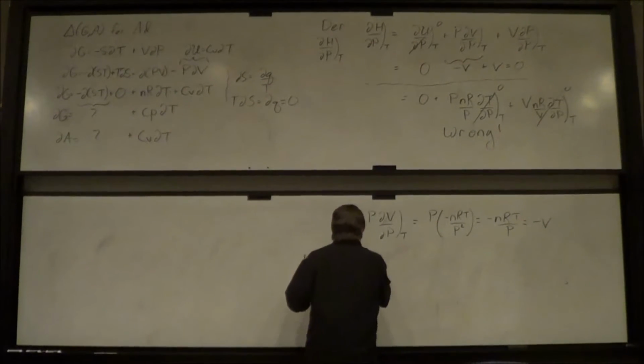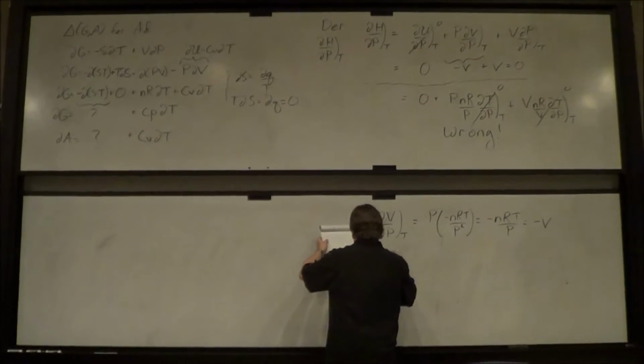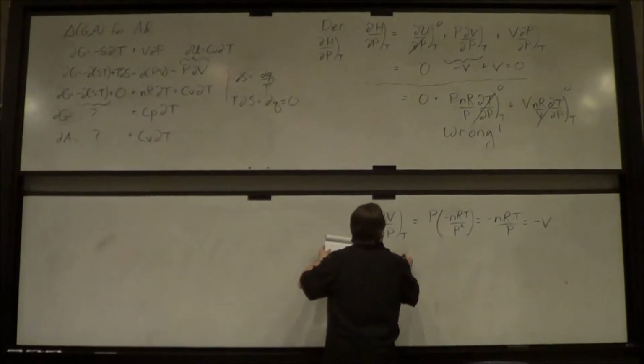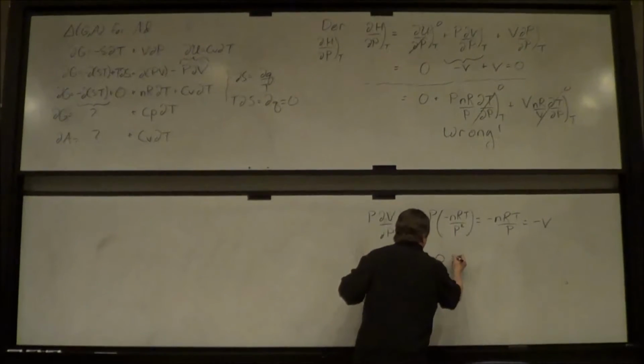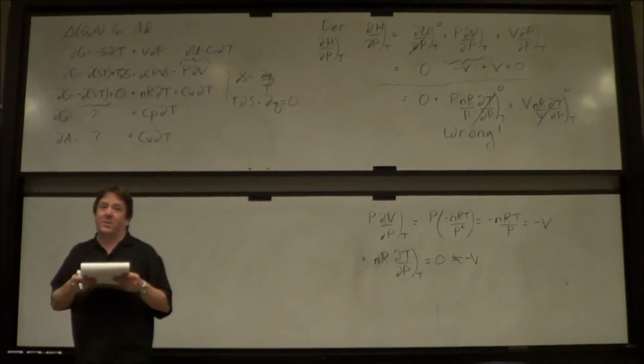When you said that was equal to, looking at the second term, nR dT/dP, constant T is 0. No, it's just fundamentally wrong. That's why you can't do that substitution.